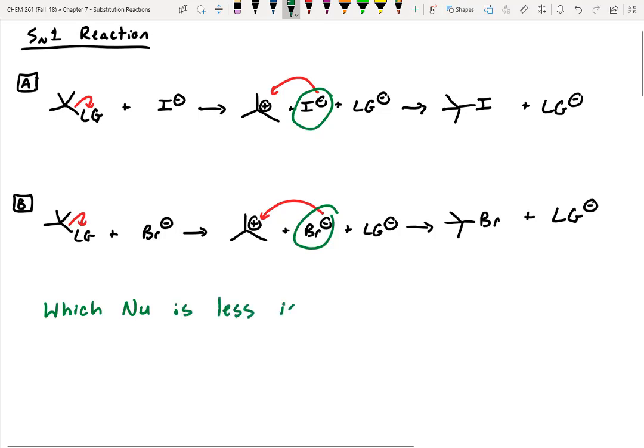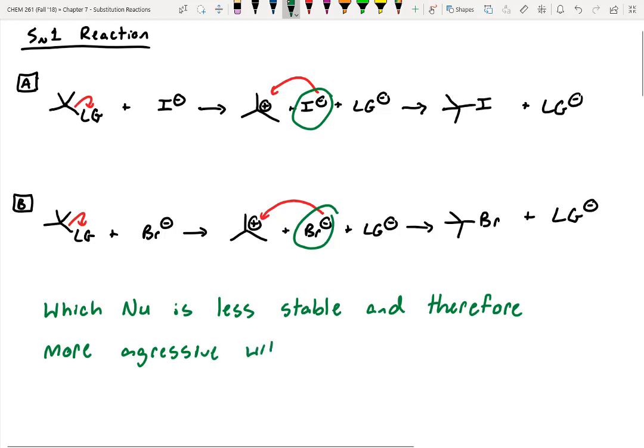Which nucleophile is less stable, and therefore more aggressive with attacking the carbocation? What do you think?